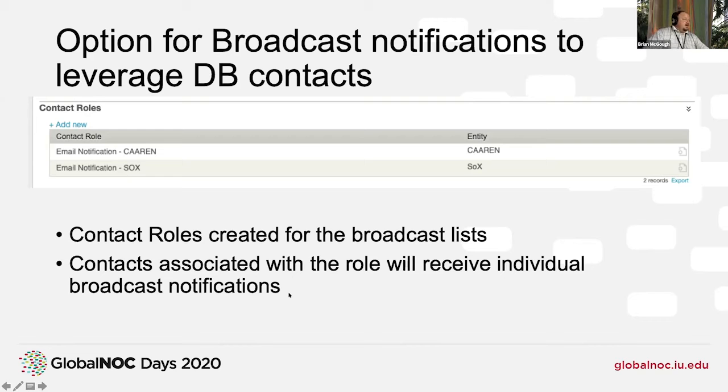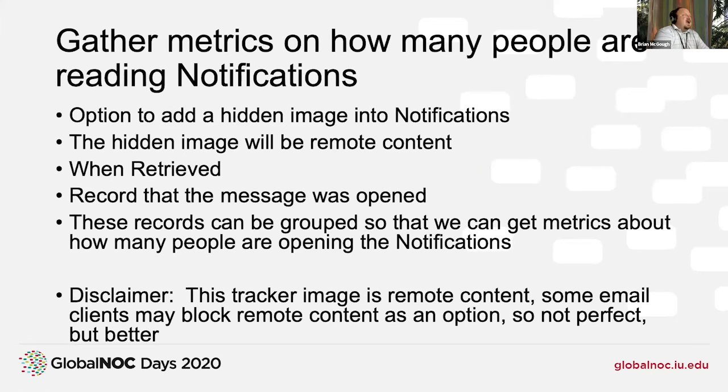So the contacts associated with these particular roles would receive individual broadcast notifications. And because they're receiving individual broadcast notifications, we can use a hidden image, which is a pretty common technique, to actually track who is reading our notifications.